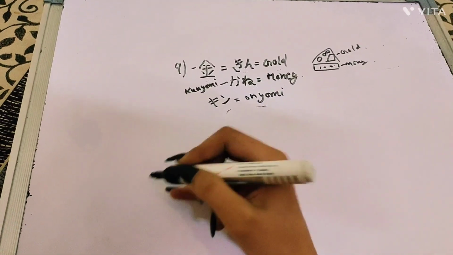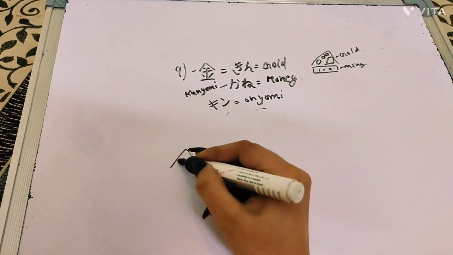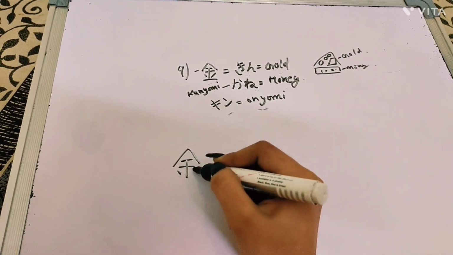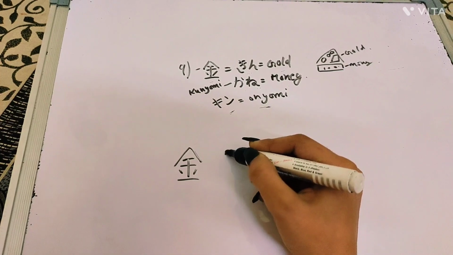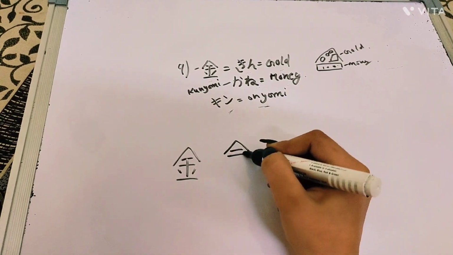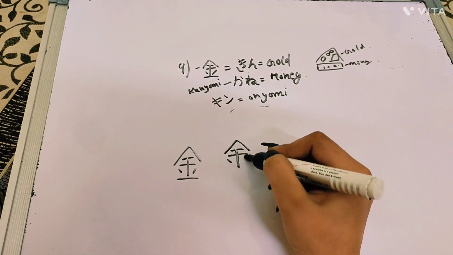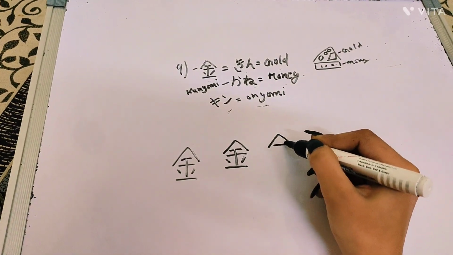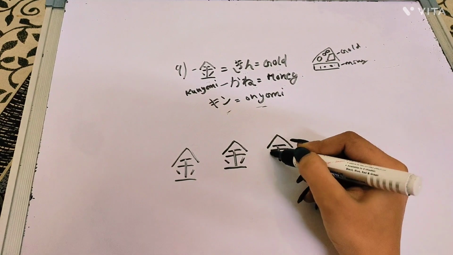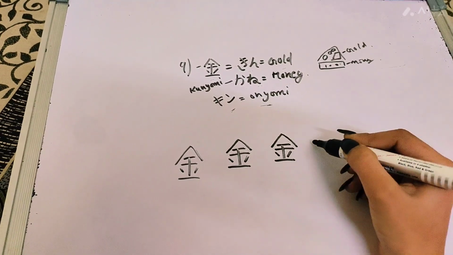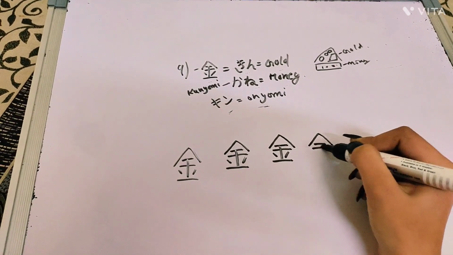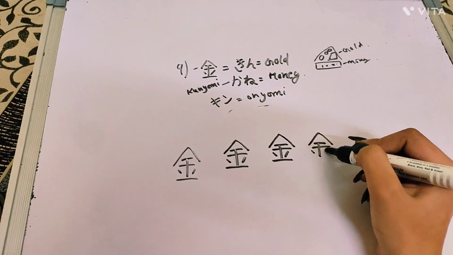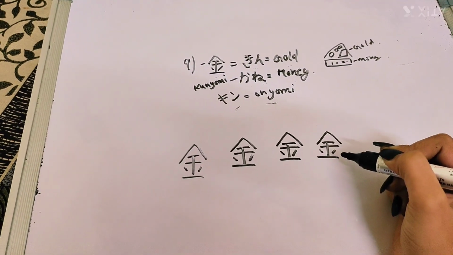Ichi, ni, san, yon, go, roku, nana, hachi. Eight strokes.